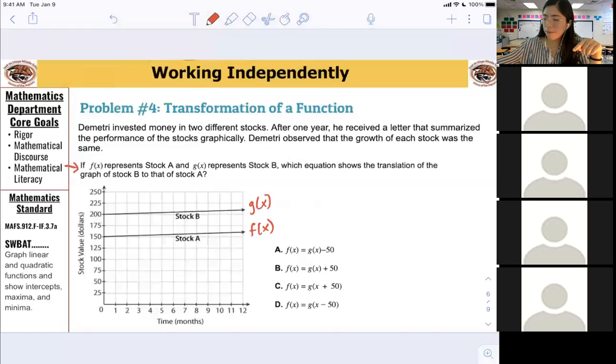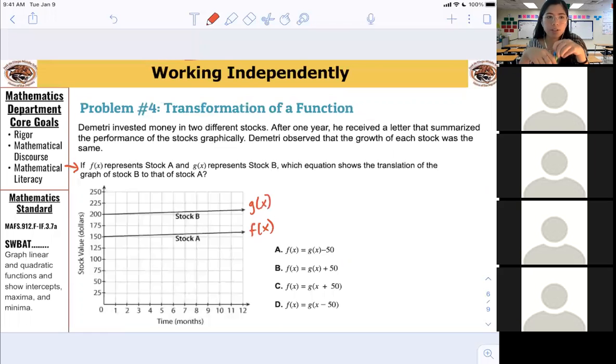So it's asking, if I want to go from stock B to stock A, what direction would you need to move that line if you want them to match? You would have to go down 50. Down 50, exactly. If I want to go from B down to A, I need to go down by 50.